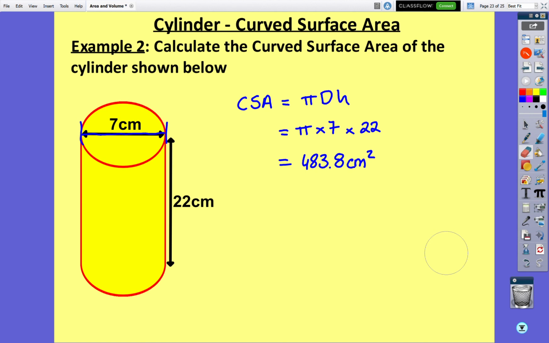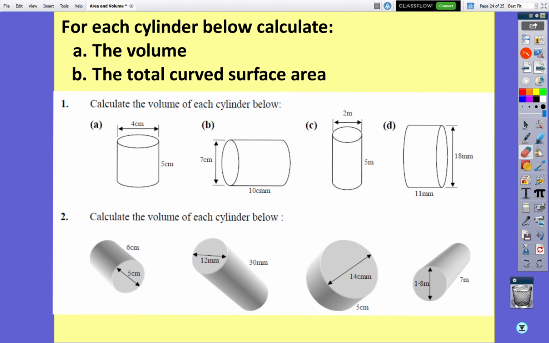Alright, so that is everything in outcome 2. Okay, so the 3 sections, if you want to break it down while you're working through it, if I go back to the very start, and just to finish: for each cylinder below, calculate the volume and the total curved surface area. Remember it's a curved surface area, so it's round, it's not including the top and the bottom.